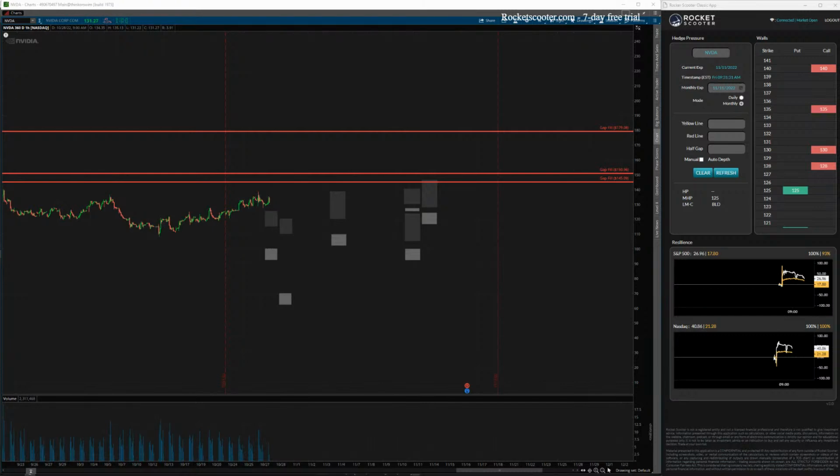So that means today, there are less bears at a higher rate than there are more bulls, which means that the weaker trade is the bear trade.